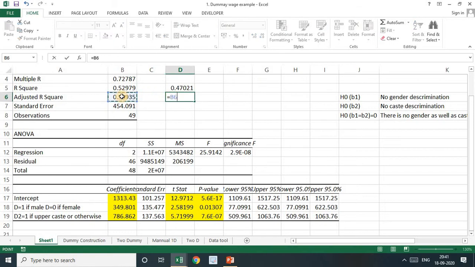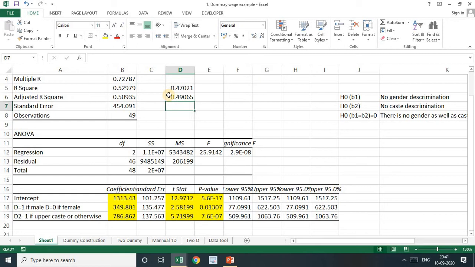So then this is 1 minus, yes, there are 49% of effects, that is, only 50% or 51% of the variations in wages are explained by this sex variable as well as this caste variable, and 49% changes are explained by some other factors.